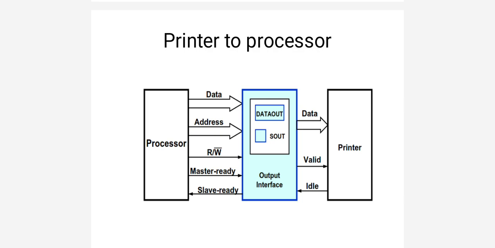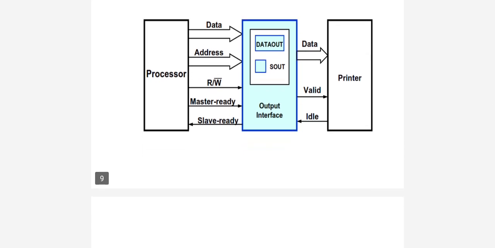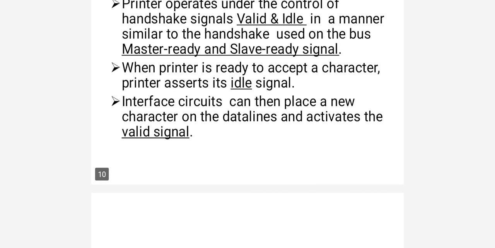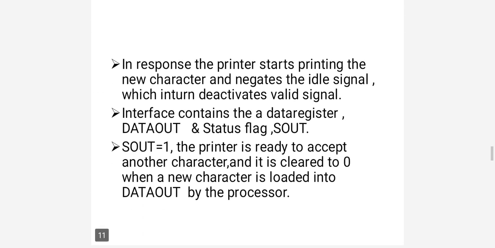And in between the output interface and the printer, there is also a handshaking mechanism by using two control signals, valid and idle. Idle is initiated by the printer and valid is initiated by the output interface. ഇത് ഇപ്പോൾ പറഞ്ഞിരിക്കുന്ന എക്സ്പ്ലനേഷൻ ആണ് ഇത്രയും കാര്യങ്ങൾ.